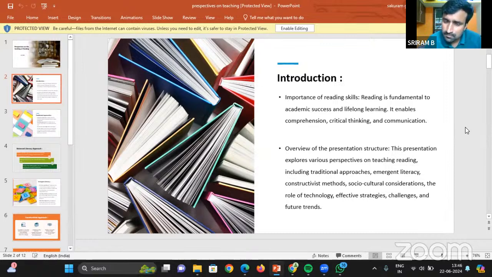First vocally they will say, after that, they will practice writing. See, importance of reading skills. If you are not reading, how will you be able to do it? Here they gave that it enables comprehension.